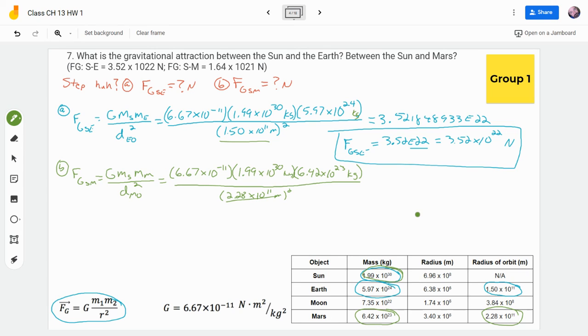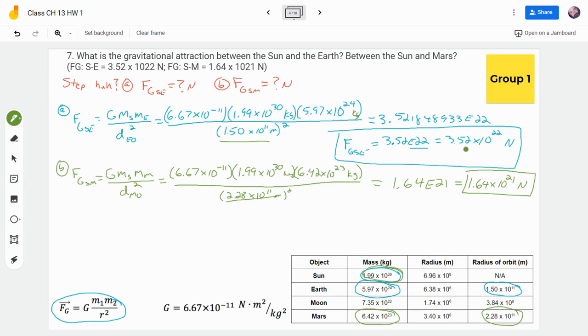So you hit the x squared button, and you end up with 1.639, so call it 1.64, and a bunch of other stuff. The calculator says E21, but it's really best to write it as 1.64 times 10 to the 21st newtons. So there's your answer for that part.